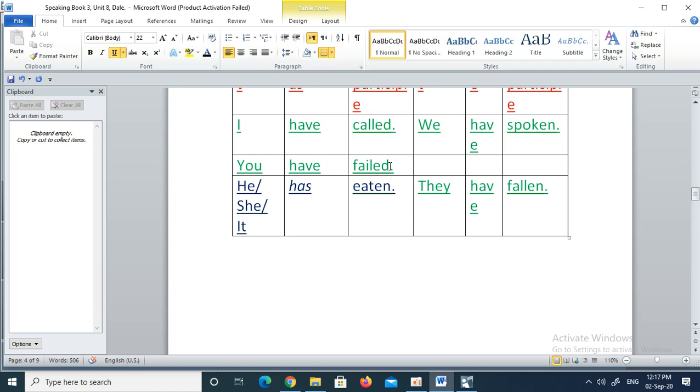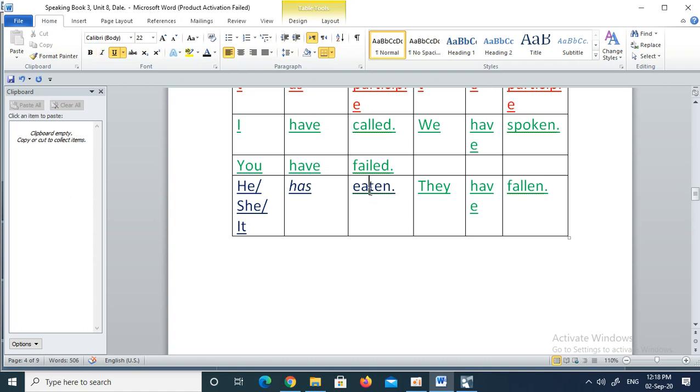So we will say you have failed. Now, when we come to he, she, and it, please remember, you do not use have, you use has, and then again we have the past participle of the main verb.